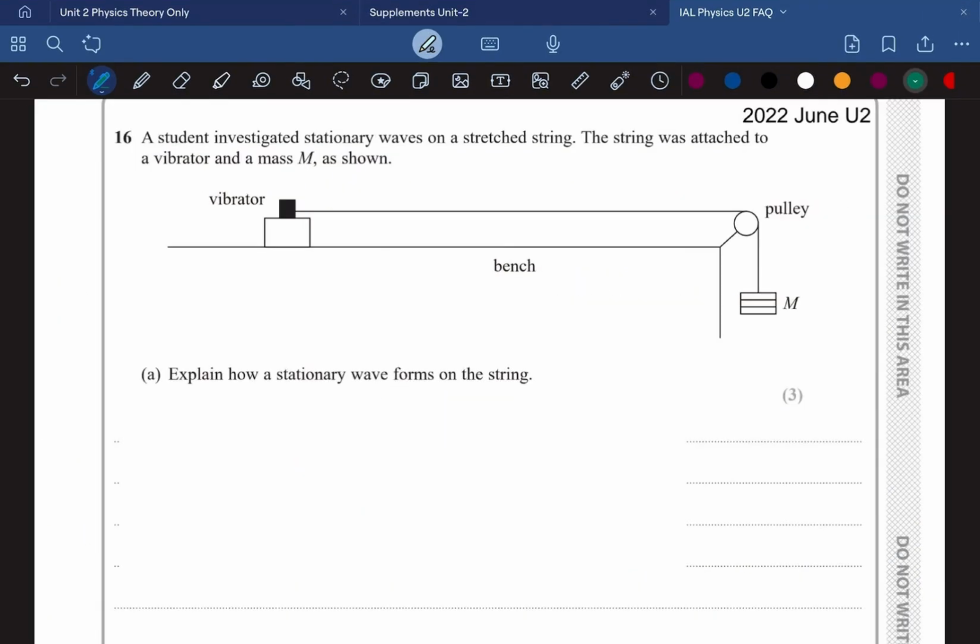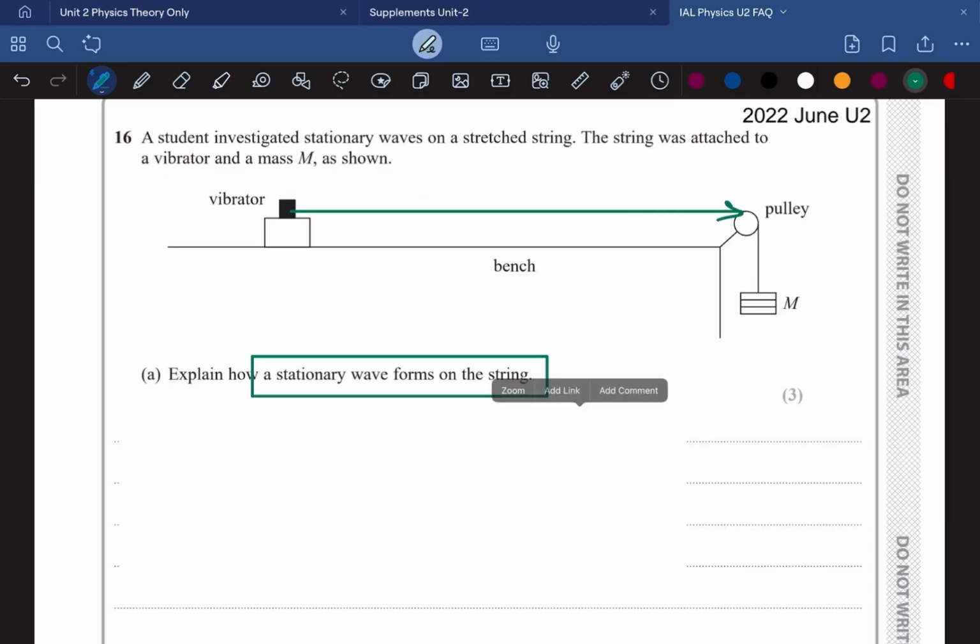Now this question says explain how a stationary wave forms on the string. We know for a stationary wave to form, the first wave will be going and hitting the pulley. After hitting, this wave will be reflecting back, and while the reflected wave is coming, another second wave will be going, and there will be a superposition between these two waves.